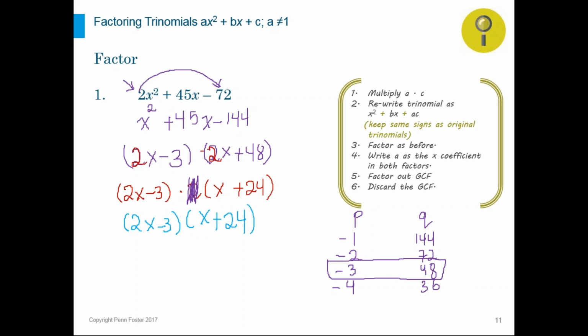But remember, the 72 has lots of factors. So you need to really do a hard job with the trial and error, and you have to do it correctly in order to arrive at this set of factors. But this way, it has certain kind of steps. You follow them, you get to the answer right away.